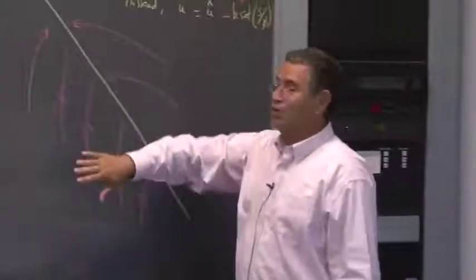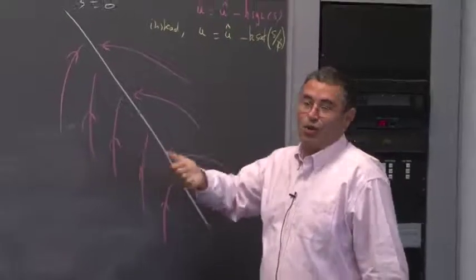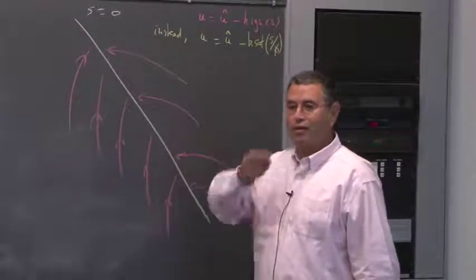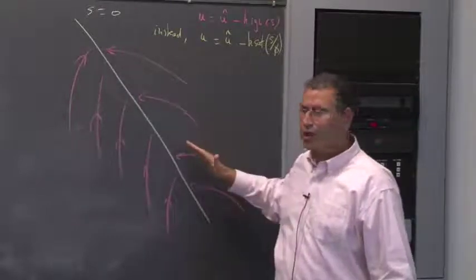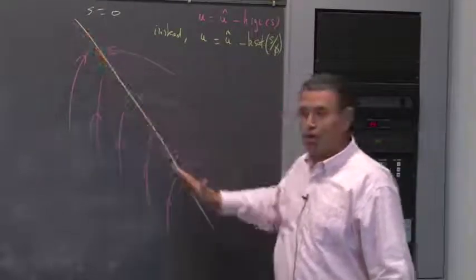Well, this is s equals 0. It separates the space into s positive and s negative. What's s equal phi? Well, it's somewhere here probably, if this is the positive space. And s equal minus phi is somewhere there.